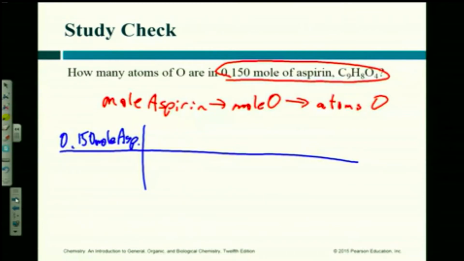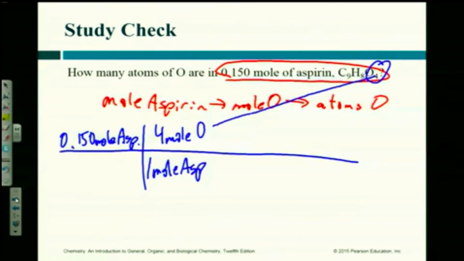Because it tells me in the formula that 1 mole of aspirin is 4 moles of oxygen, because of the subscript right here. Okay? So now, moles of aspirin cancels, and I have moles of oxygen.